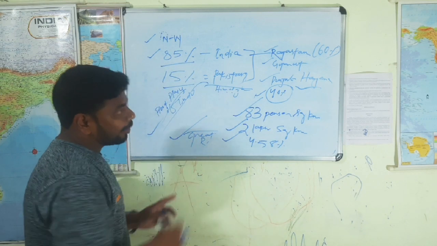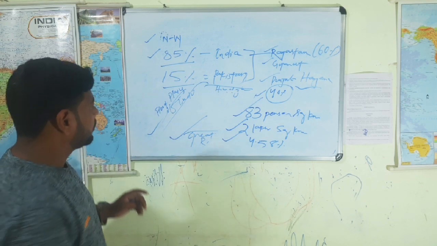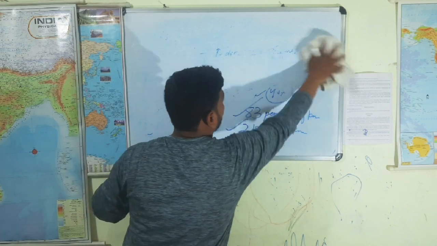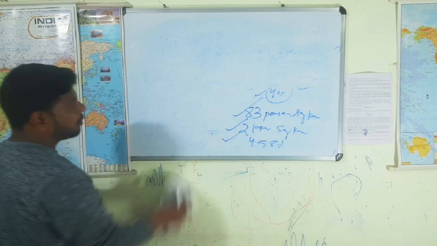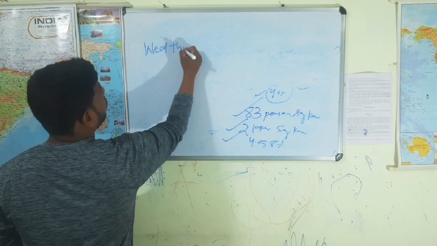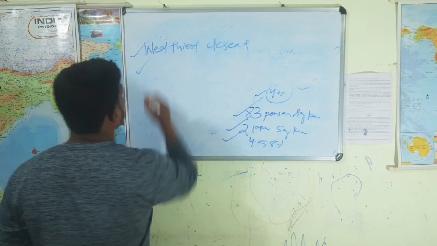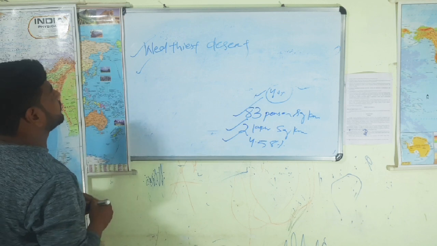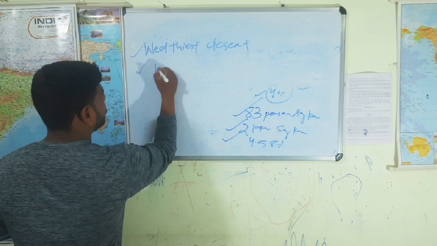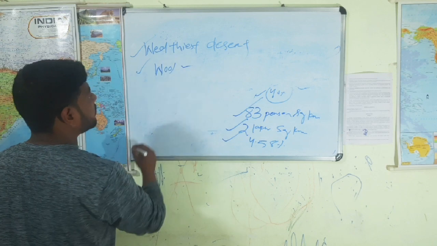Okay. Another title also given to the Thar Desert is that it is the world's wealthiest desert. It is the world's most populated desert, we understood. It is the world's wealthiest desert. Why so, guys? The reason behind this is that a large amount of wool is produced here, and animal husbandry is there.